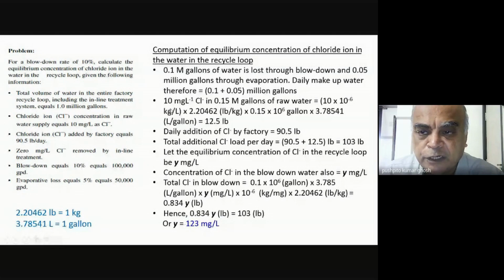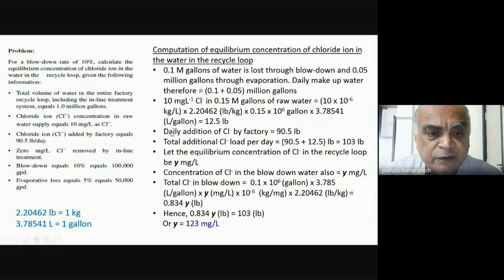So you can convert the gallons into liters. If you want to estimate it in pounds, then you convert kg into pounds, and 10 ppm means 10 into 10 to the power minus 6 kilogram per liter. If you multiply this whole thing, you'll get 12.5 pounds of chloride coming from the water you are taking into your factory every day.